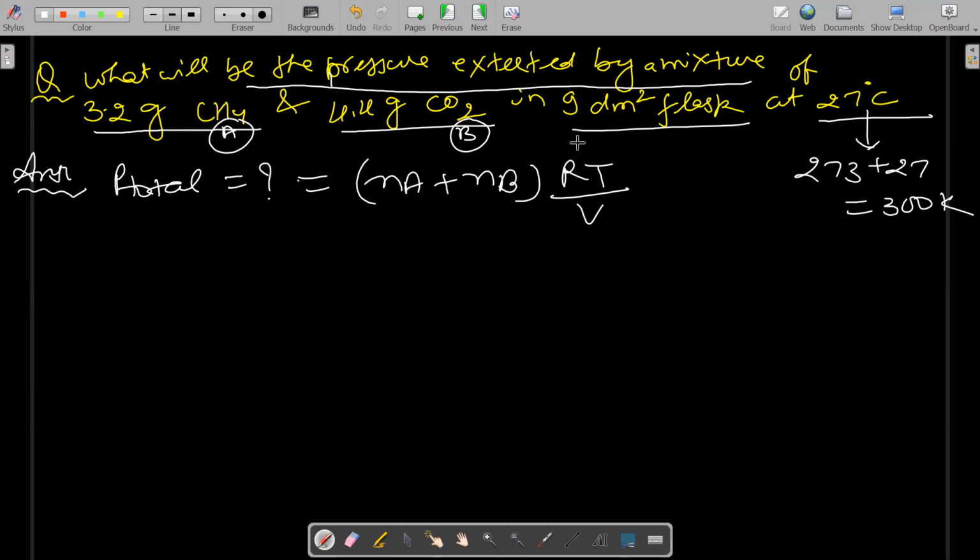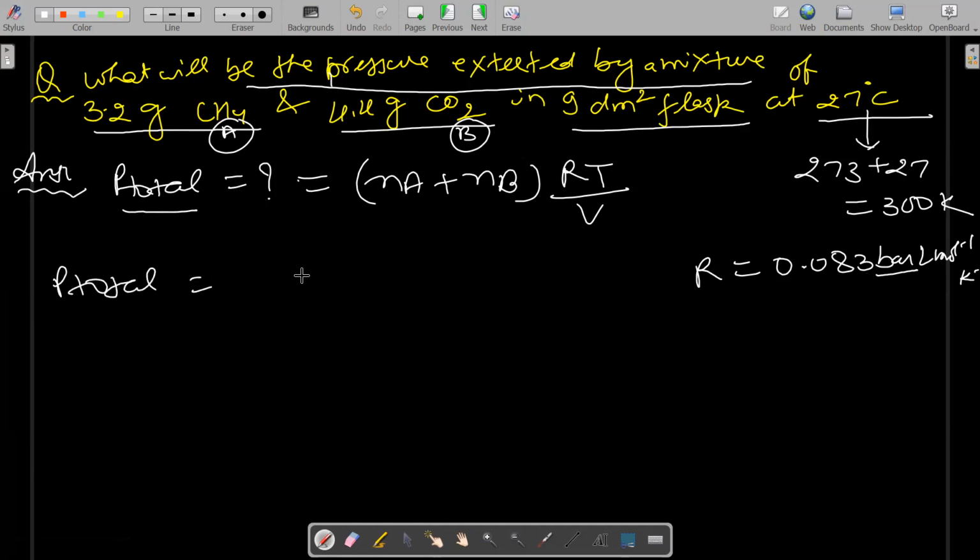So now put the values. What R value will you take over here? The volume is 9 liters. You can take anything. Suppose we are taking 0.083 bar liter per mole per Kelvin, then the answer which you write, you will write in terms of bar only. Okay? So you can write everything.